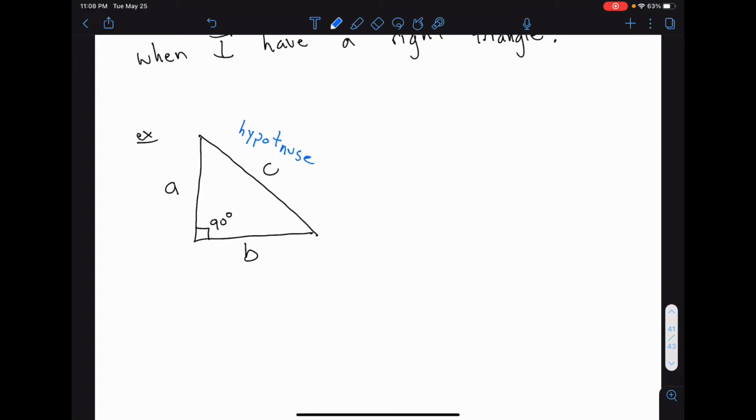And my formula is, this is my formula. A squared plus B squared equals C squared. A cuadrado más B cuadrado es igual a C cuadrado.